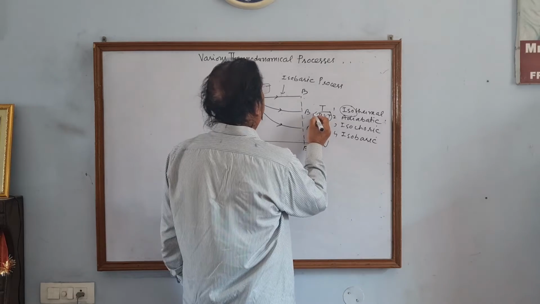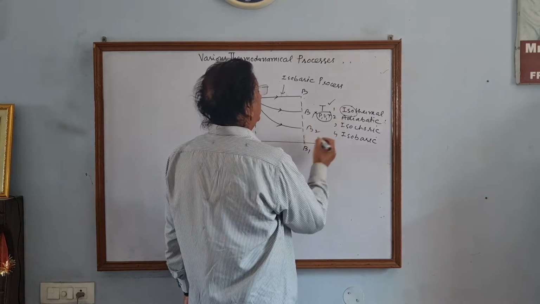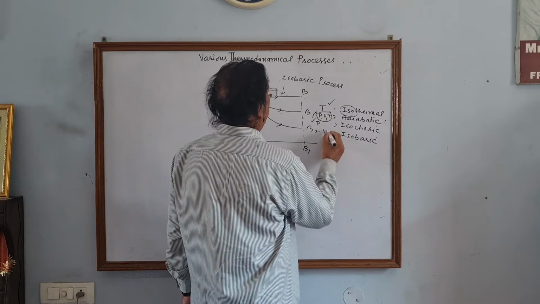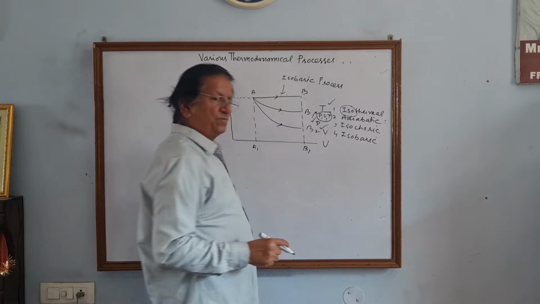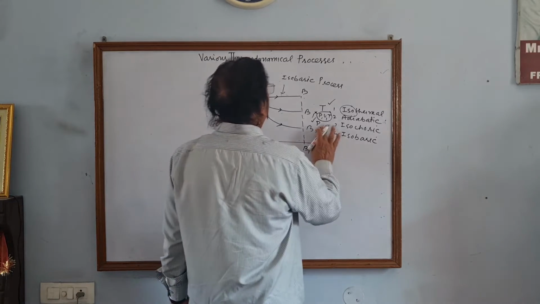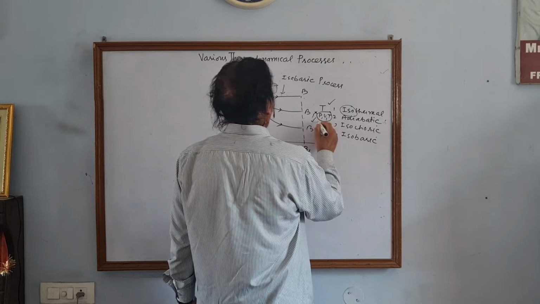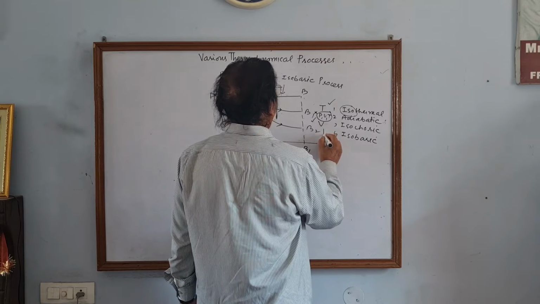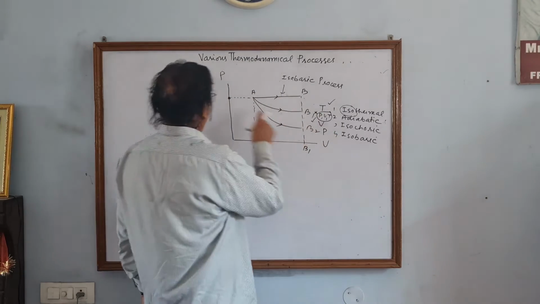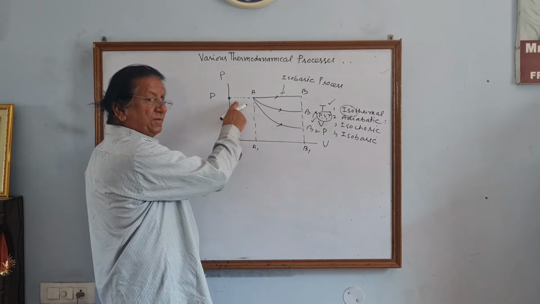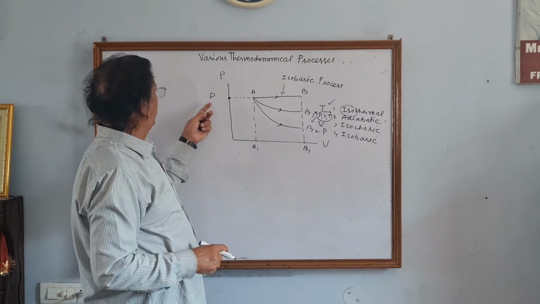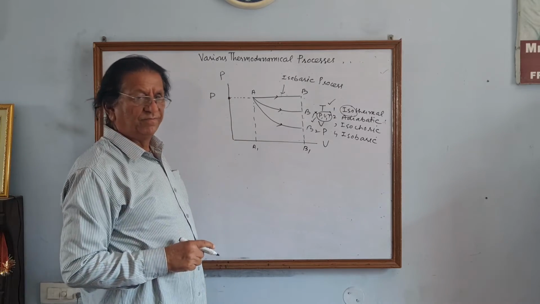In this one nothing is constant. Here temperature is constant, here pressure is constant, here volume is constant. The isochoric has volume constant, isobaric has pressure constant. The first part AB shows that the system is taken from A to B state and pressure remains constant.